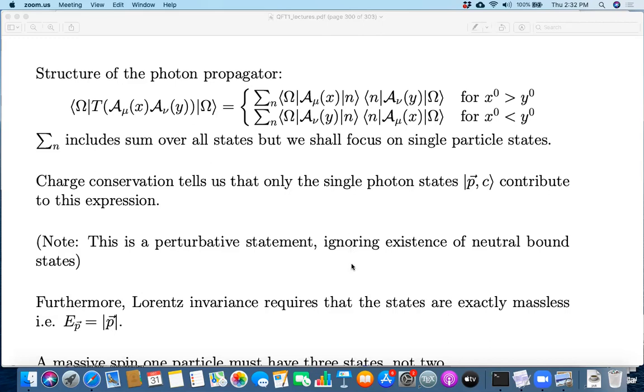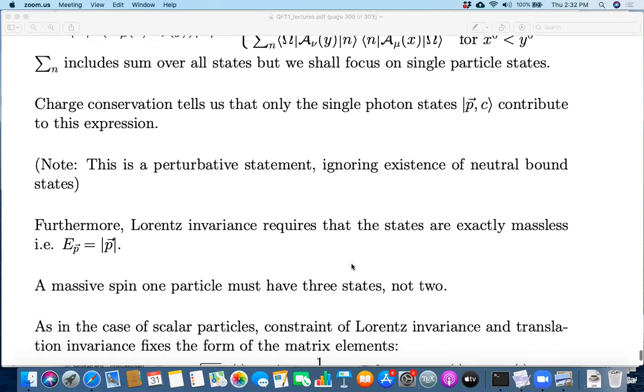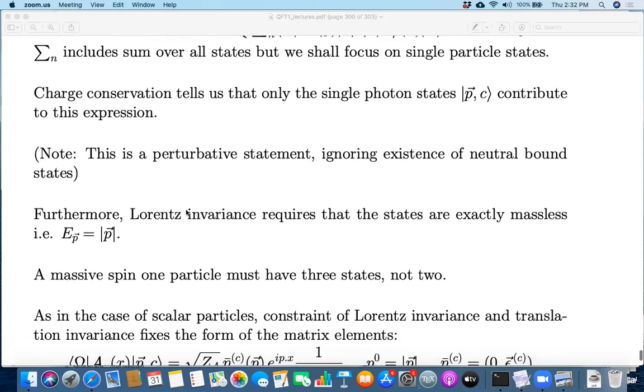Now here there is a slight difference from what we had earlier. If we use Lorentz invariance, Lorentz invariance in fact requires that the states are exactly massless. So photon masses don't get renormalized.